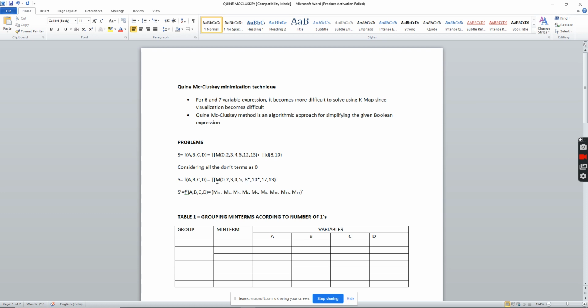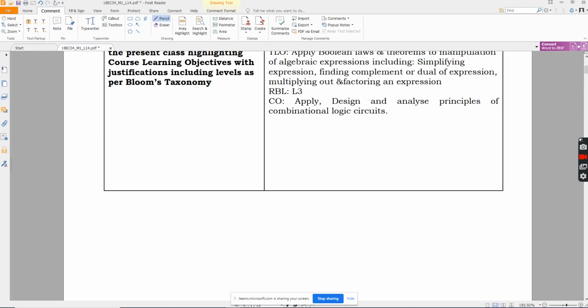Fine. Now, since it's a pi M equation, I don't want to create a separate rule set for solving it. Instead, I'll use the already known technique, that is how to simplify a summation m. As you all know, a summation m is a min term list.